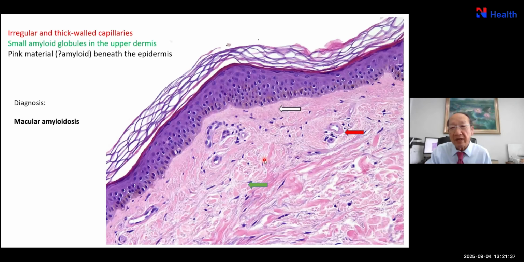Look at this carefully. Let's see that the capillaries here have thick, irregular walls. There's a knob here, partly. There's some material that looks like part of the collagen, but they are not actually collagen.